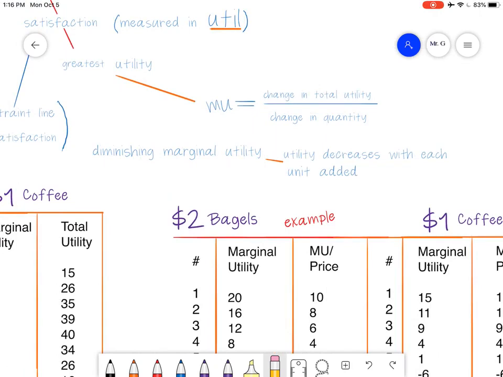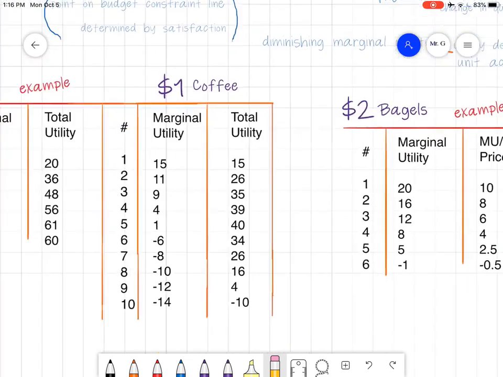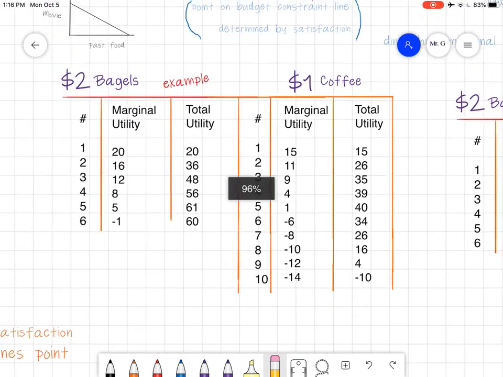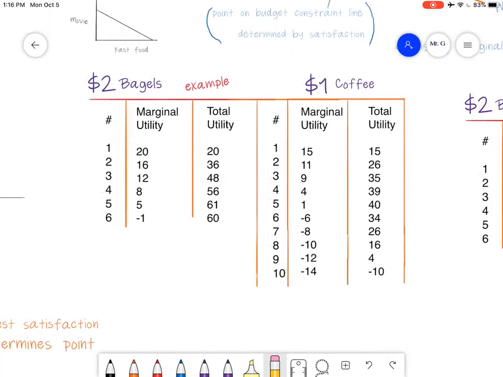Let's look at an example. We have bagels and coffee, and we can notice with marginal utility that as we go down, we are receiving less and less utility. People ask, how did you come up with these numbers? How do you know you're going to get a marginal utility of 20 for a $2 bagel?